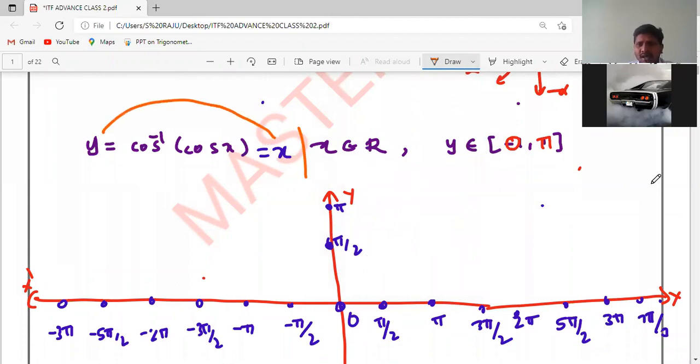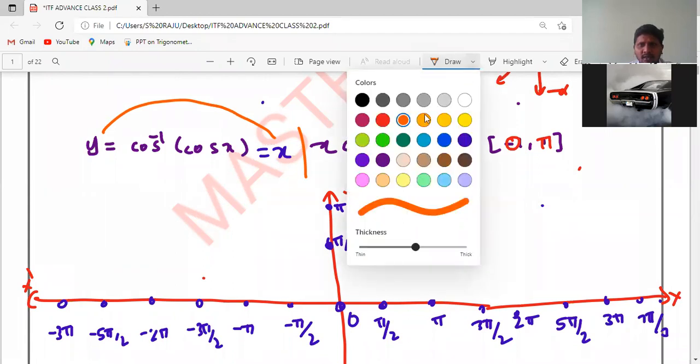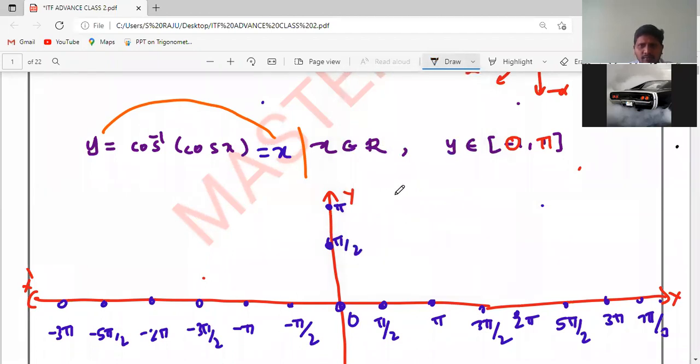So for the graph, when I give the values: substitute 0 here, cos 0 is 1, cos inverse 1 is again 0. So when x is 0, y is also 0.